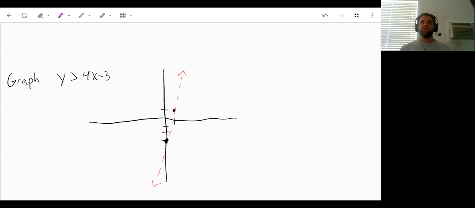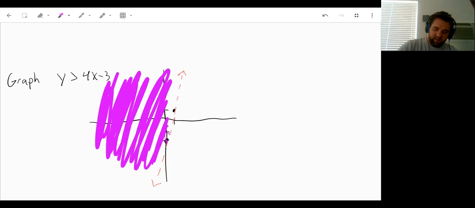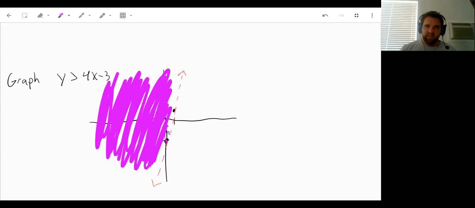Well, if our y values are greater than, you can start at one point that you already know, like this point right here, and find where the y values are greater. Well, that means our y values are getting larger, so that's going to be above. So our answer is actually going to be shading this side up here. So that's one way you can do this.